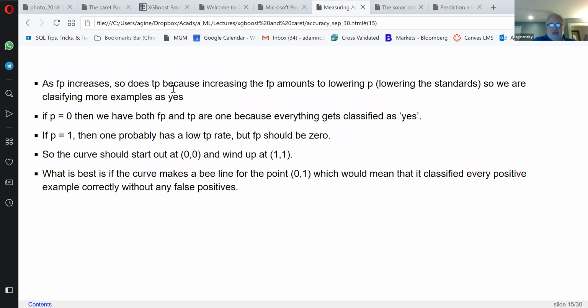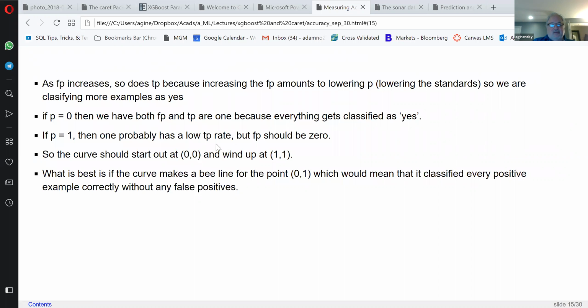We're only going to call something positive if its probability is 100%, but we're going to have a very small false positive rate. We should have very few things that we're calling true that aren't. So this curve starts out at 0,0 and winds up at 1,1.